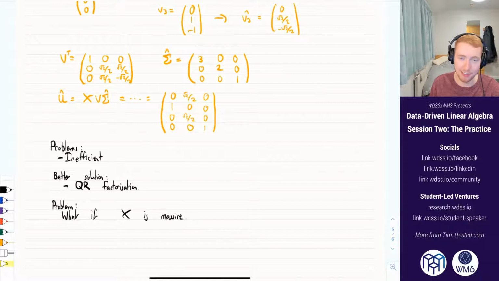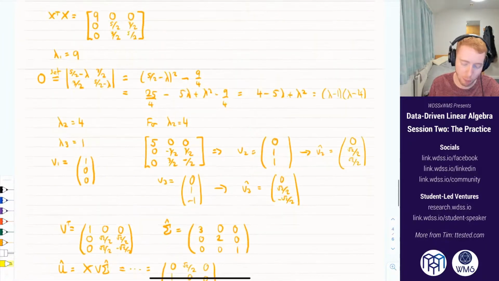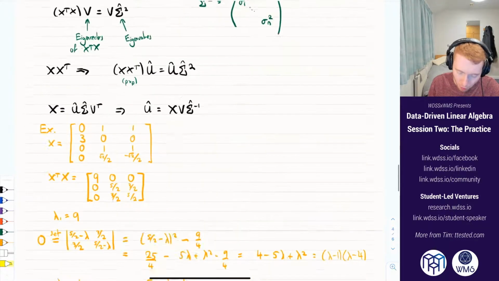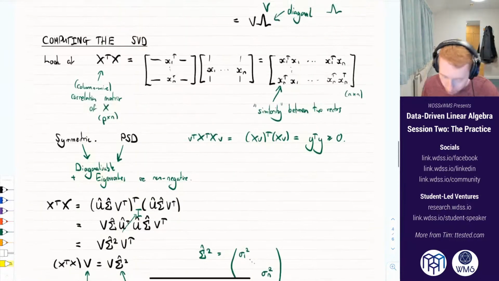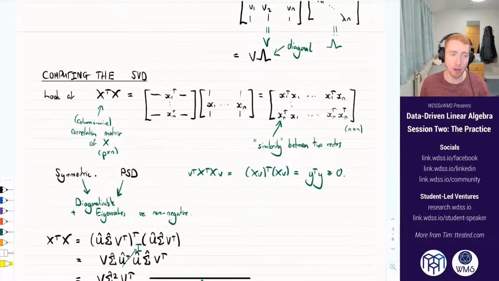So in this case, this is maybe the one exception, it's okay to use this method of using correlation matrices. And we do it using a method called the method of snapshots. So let's go back to here. So X is massive, and the idea is we can never load X in memory, the whole thing at the same time. But what we can do is we can pick out one row and one column of X at a time.